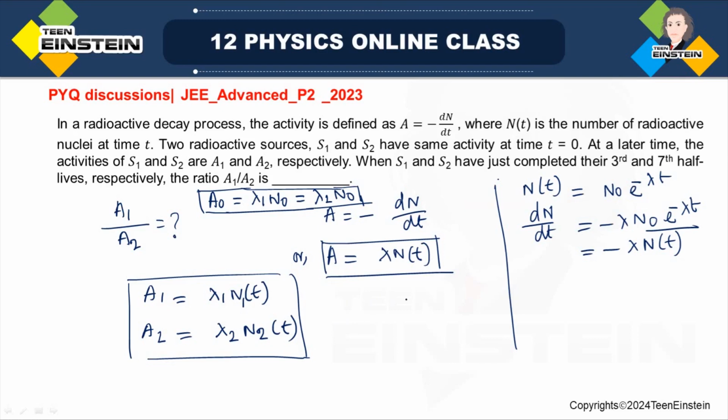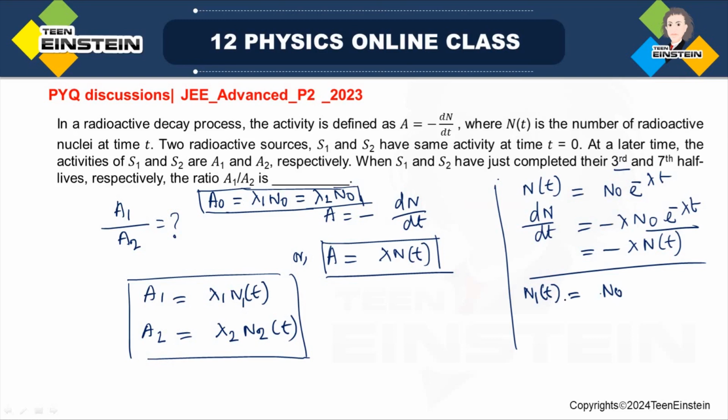Now let us find out what N1(t) is at any time. For the case of sample 1, it is the time within which three half-lives have elapsed.